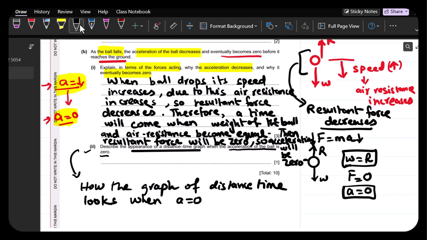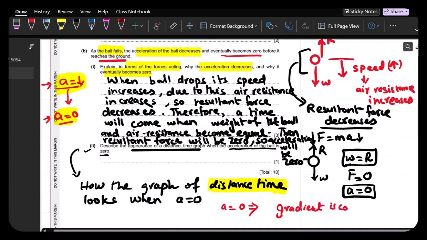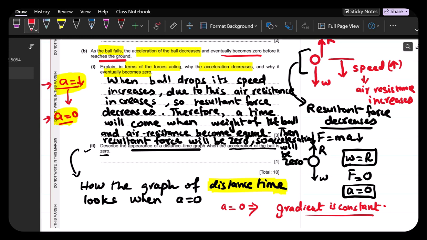So dear, a distance time graph gives us zero acceleration when gradient is constant. Gradient is constant, it means speed is not changing.